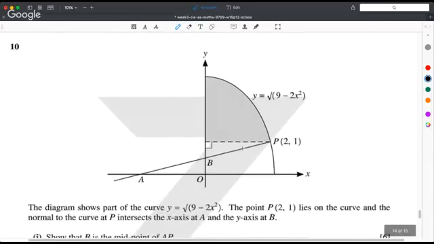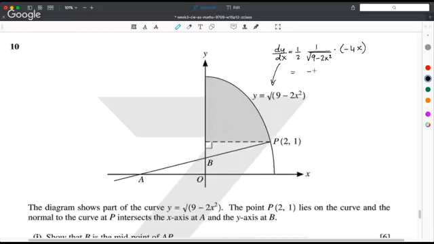Okay, question 10, last question. Sort of integration in bits, integration, differentiation. So the first thing I'm going to do is differentiate this, and you'll see why. dy/dx is equal to 1/2 times 1 over the square root of 9 minus 2x squared, times the derivative of what's inside, which is minus 4x.